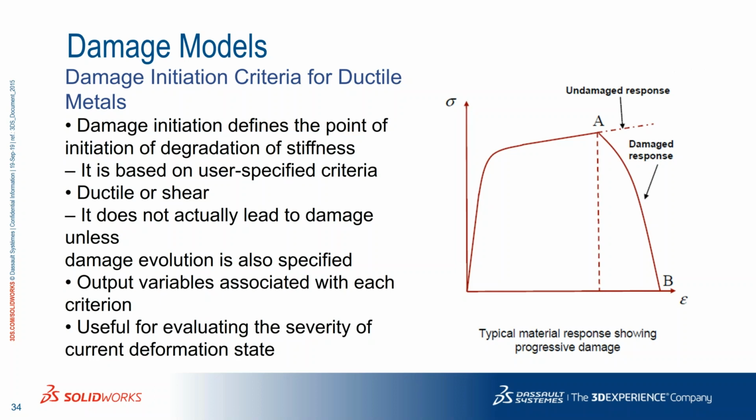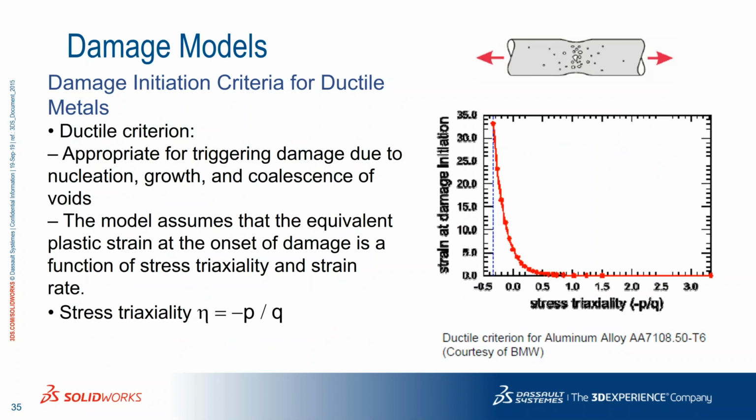So in the ductile initiation criteria, basically we are taking into account the fact that the damage is triggered by voids, by creating voids. Basically, there are a lot of microscopic voids that are growing because of the stress here.